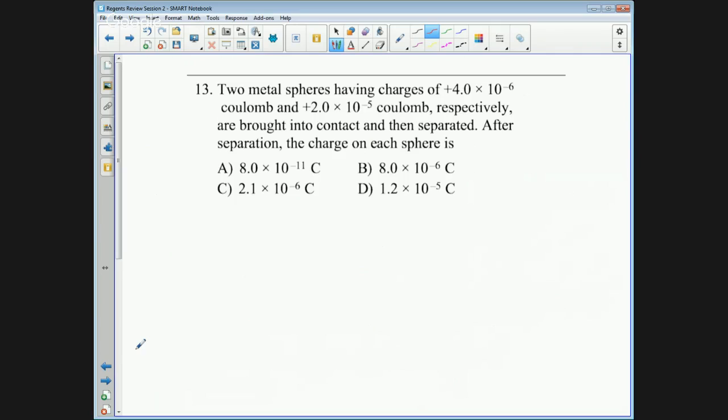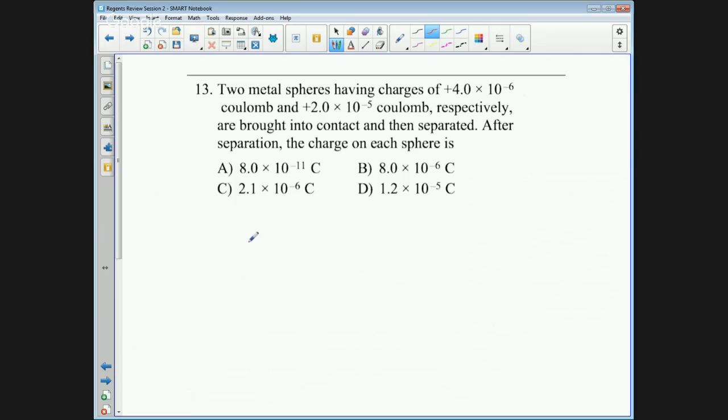For 13, it says two metal spheres have charges of positive 4 times 10 to the negative 6 coulomb and 2 times 10 to the negative 5 coulomb, respectively, are brought into contact and then separated. After the separation, the charge on each sphere is what? Okay, so when two metal spheres are brought together, touched, and then separated, they're going to share the same charge.